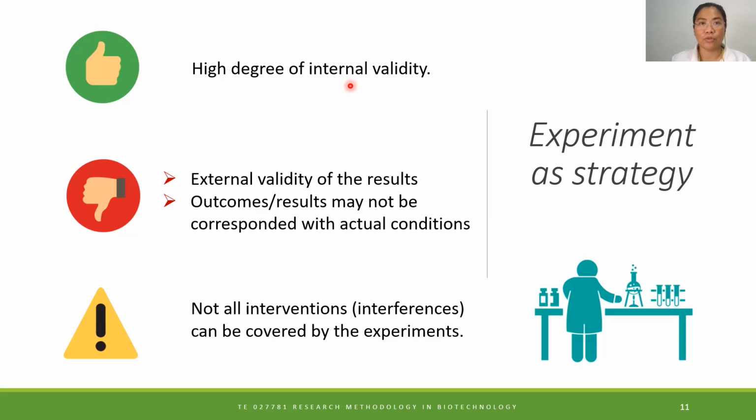So if you vary, for example, the temperature for enzyme activities, and you vary it from 30 to 60, and you find the best to be 55, you can say that 55 is the best. But you can't say the same thing for temperatures down from 30 or up from 60.